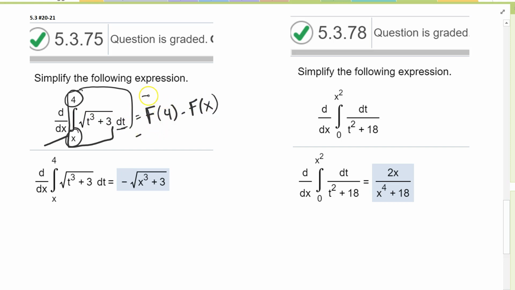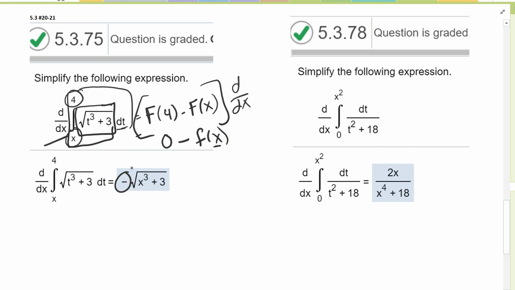Then if I differentiate this with respect to x, this is a constant, so that's 0, minus, this would be little f, because the antiderivative is big F, so the derivative is little f at x. So what this means is I take this function inside here, and everywhere I have a t, I replace it with x, and then I have that negative out front. So it ends up being negative square root of x cubed plus 3.